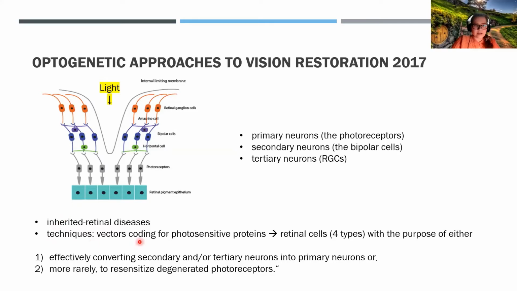As I mentioned, vectors code for photosensitive proteins, and these proteins are inserted into retinal cells with the purpose of either converting bipolar or retinal ganglion cells into photoreceptors, or more rarely, to resensitize degenerated primary neurons. These two goals are very important, and they will be necessary to remember in other slides.